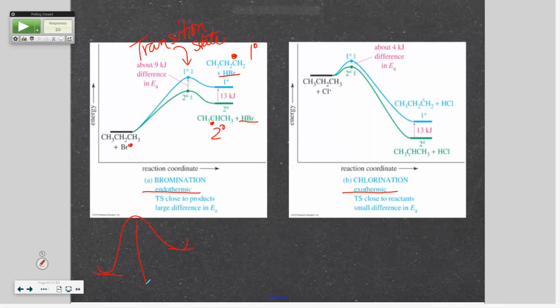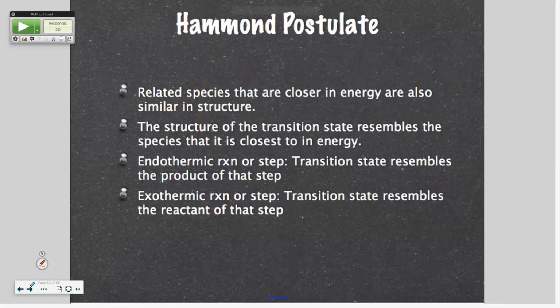Okay, so how do you know if it's closer to the starting materials or closer to the products? That is what is referred to as the Hammond Postulate. I kept wanting to say Hampton. I'm like, no, Hammond Postulate. If species are closer in energy, they're also more similar in structure.